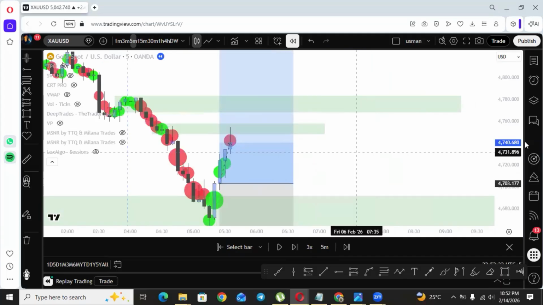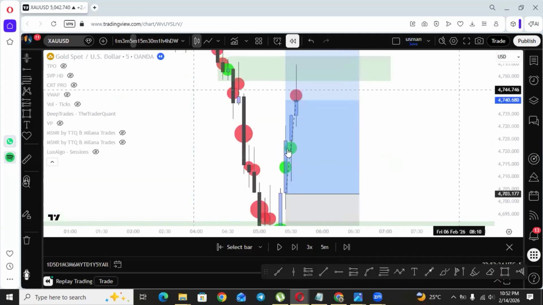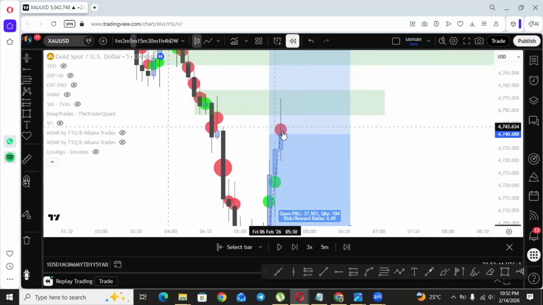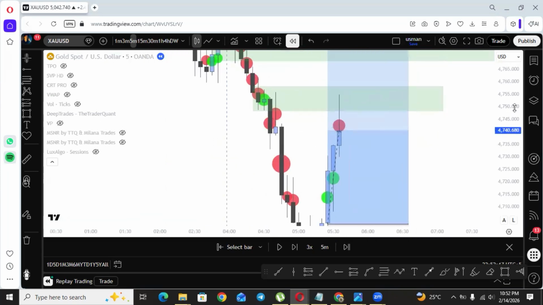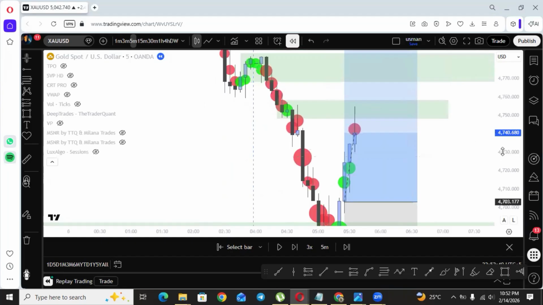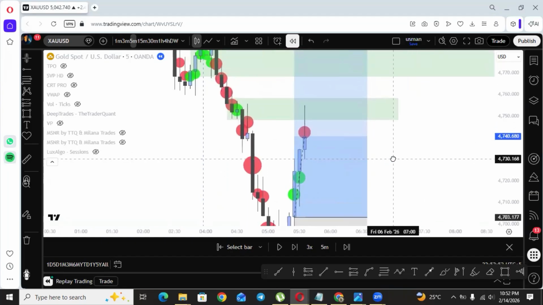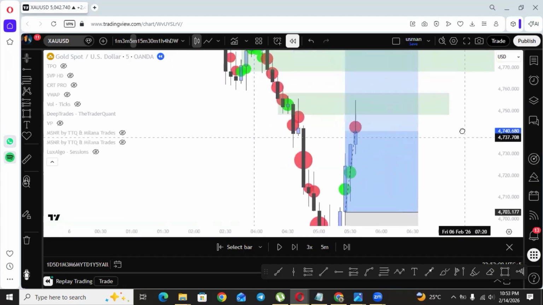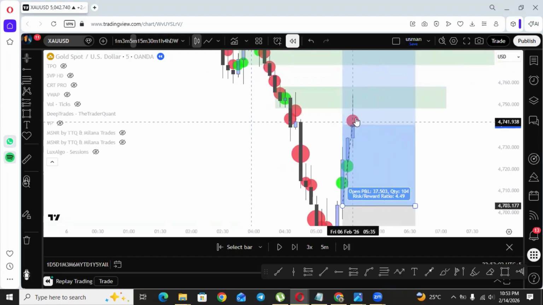When buyers reached this area, what do we see? We are getting a seller's aggression in this buy candle, and we knew the reason. Most people don't know the reason behind the candle and why the market is making these kinds of candles when they enter the trade, but we knew why the market has done this.